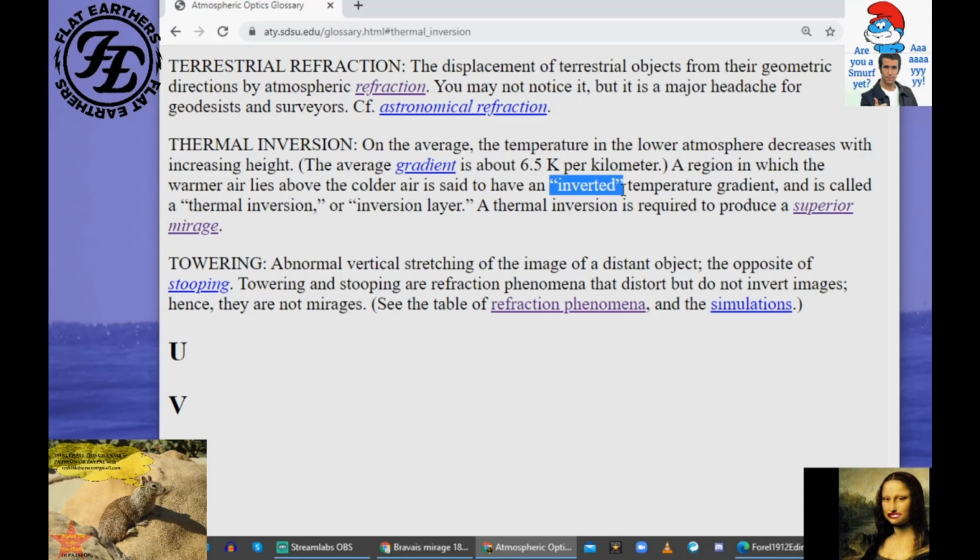It's inverted, it's upside down, it's not the way it actually is in reality. So I don't really get it: if warmer air lying above colder air is natural, why is it called inverted?